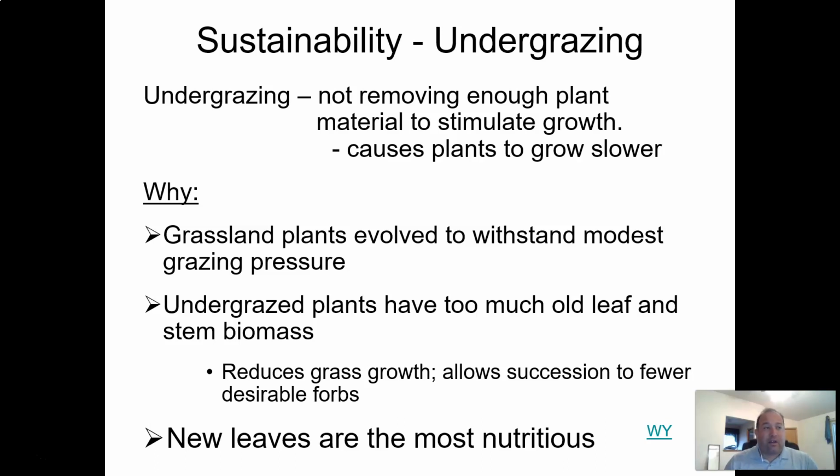And that's why the new younger leaves are the most nutritious, because they're doing more photosynthesis, so they've got more green to them, less brown and woody material, so they're just much more nutritious and much more palatable. And so if you start leaving all this old unpalatable material that the animals don't want, all of a sudden they're not really going to be in that area because it doesn't have what they need. And there is a video down here in the bottom right corner, so make sure to click on that.